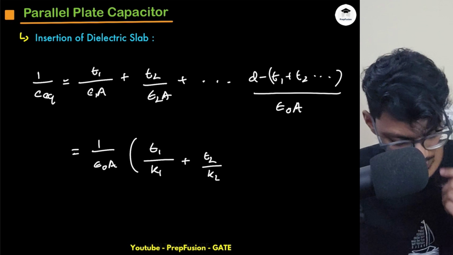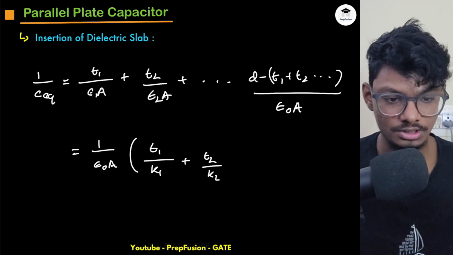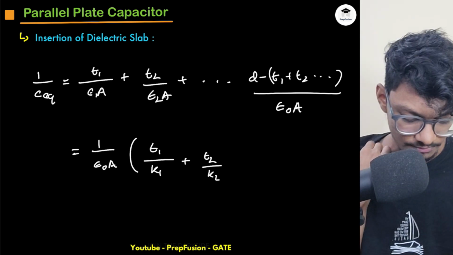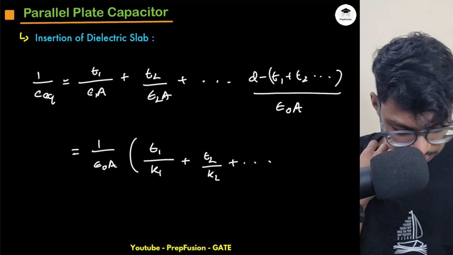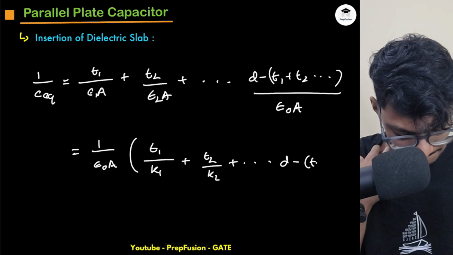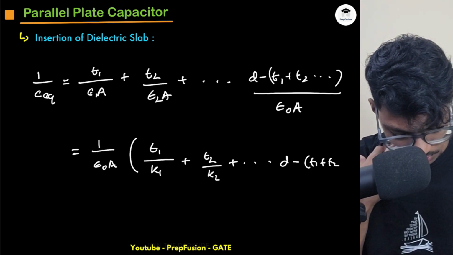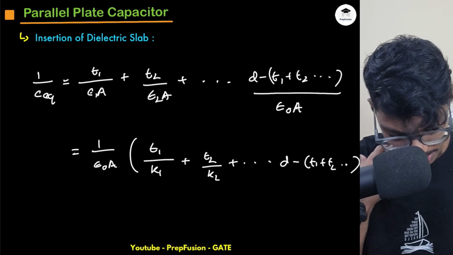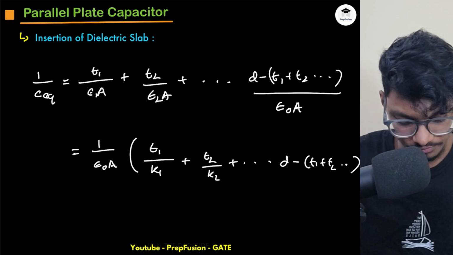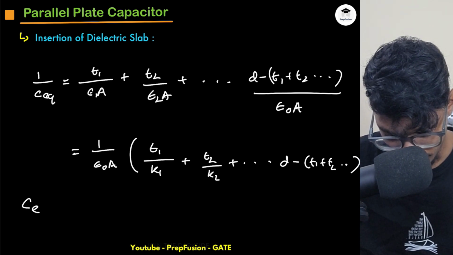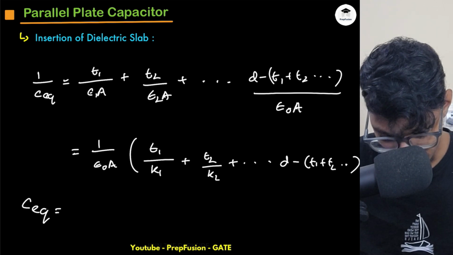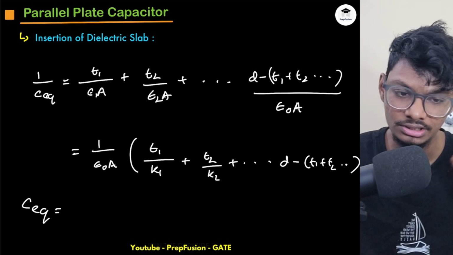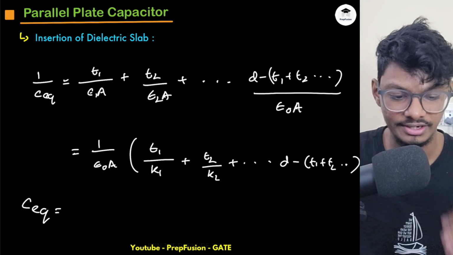So I can take this epsilon naught A common. Then this will simply become D minus (T1 plus T2 and so on). Okay, so I can write this C equivalent in simpler terms. I just want to derive a simple formula and nothing else, right?